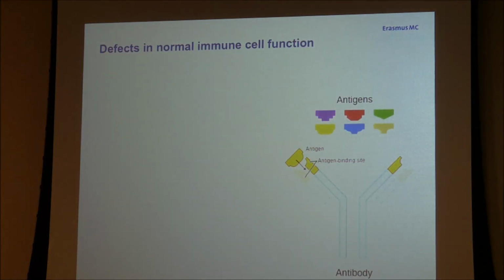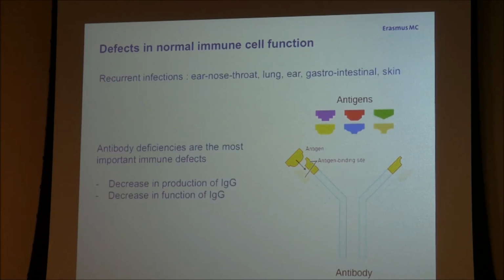So what happens if you have defects in this kind of antibody production, of antibody formation? Well, as already mentioned by Ken, you get recurrent infections. An antibody deficiency, so a shortage in production of antibodies or a shortage in functioning of antibodies, leads to recurrent infections of the pulmonary tract, nose, throat, sinusitis, bronchitis, pneumonia, and recurrent infections of the gastrointestinal tract.